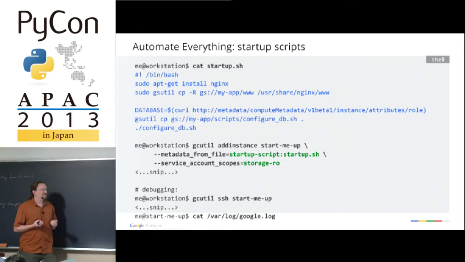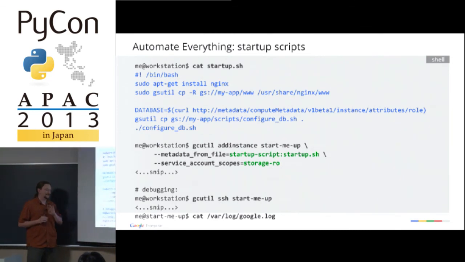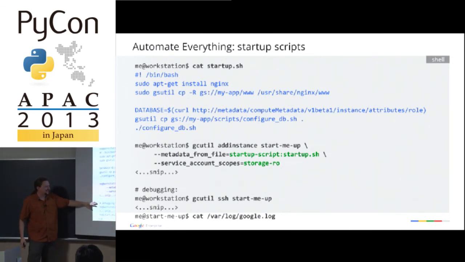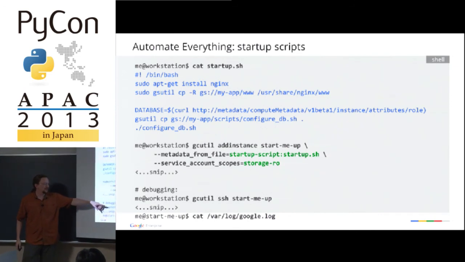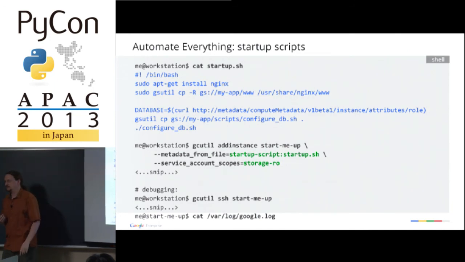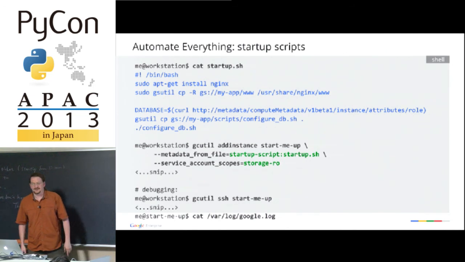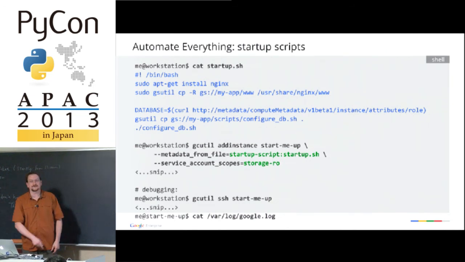This being scripts, you probably won't get it right the first time. I never do, ever. So if you want to debug it, go ahead and log into your own instance. And this is the log file, which has the output of these scripts, so you can see what it did. That depends on the distribution. OK, this is where the log file is on Debian.